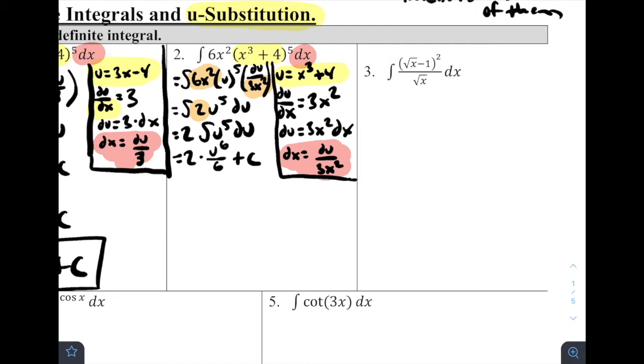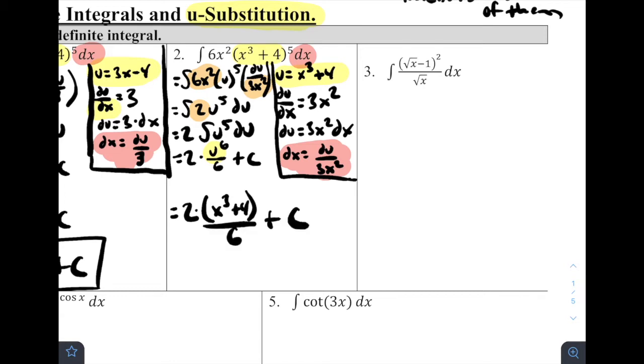Again, our final step in this is going to be to resubstitute in. Now that we know what the antiderivative is, we need to plug back in for u, which again was x cubed plus 4. So our final answer here is going to be 2 times (x cubed plus 4) over 6 plus c.